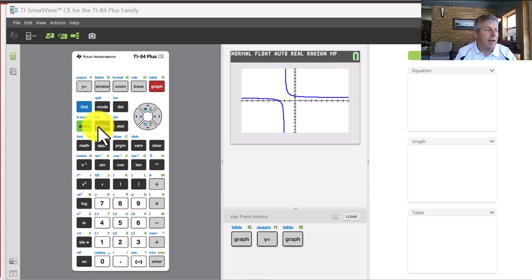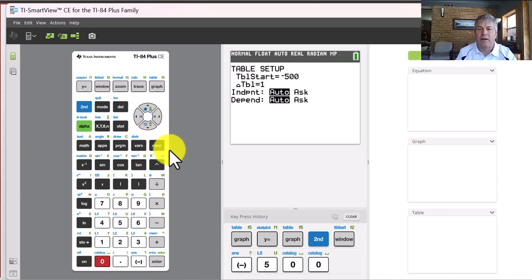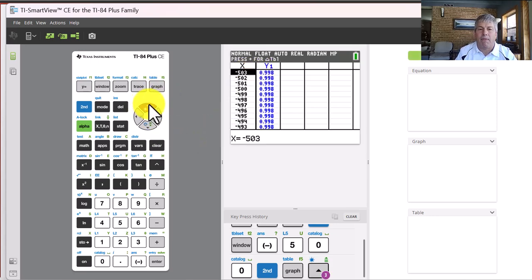So I want to work on my table. I want to find x values of -500 and +500. So I'll go to my table set, second table, and I'll set it at -500, and then I'll just go to table, and it'll tell me that the value at -500 is 0.998.